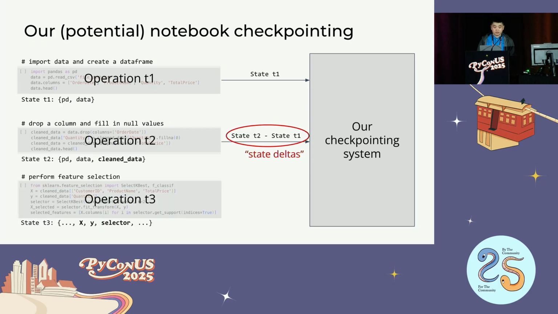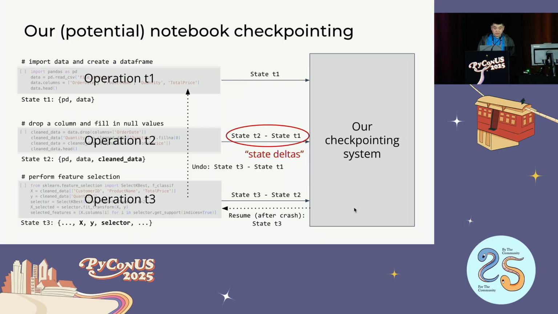Similarly, for some more cell executions like operation 3 here, which performs feature selection and declares a bunch of new variables, we will again only checkpoint these newly declared variables or modified variables to our checkpointing system. Then, for undoing cell executions, for example, from the state after executing operation T3 to that of operation T1, we will compute the difference in state between these two cell executions, and then only load the data that differs between these two states to incrementally check out.